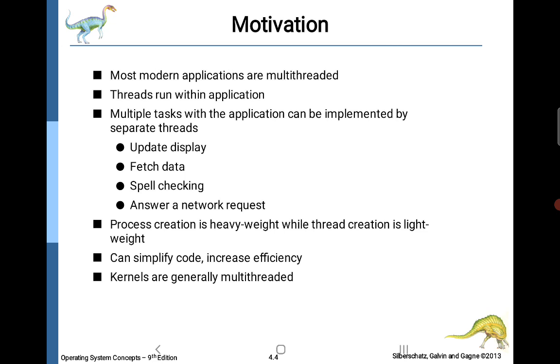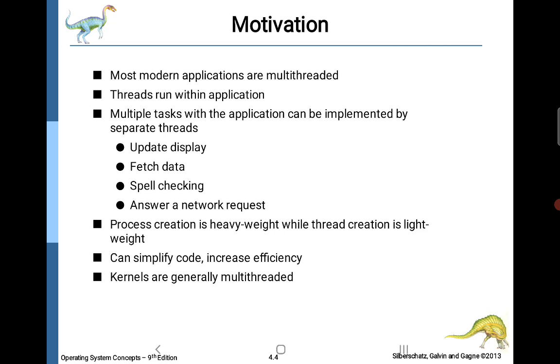These different streams of execution are executing parts of the actual file of the word processor. Each one of them is executing a different part, but at least they're sharing the code.